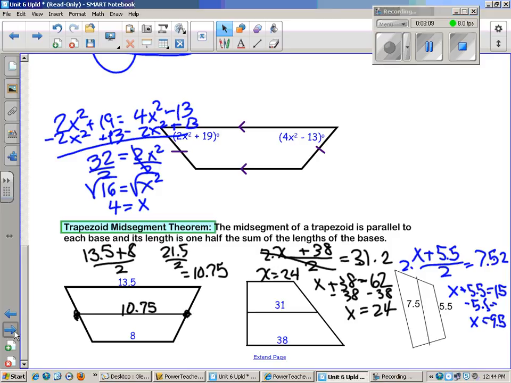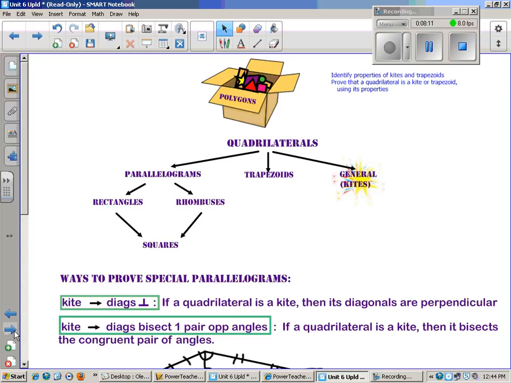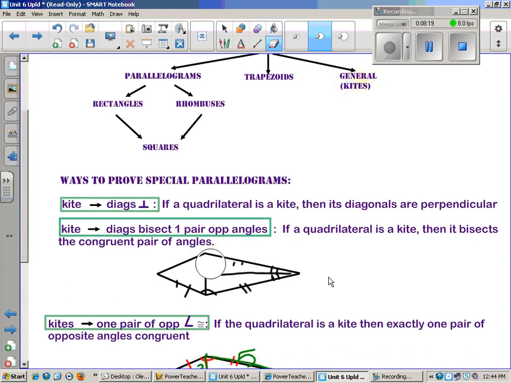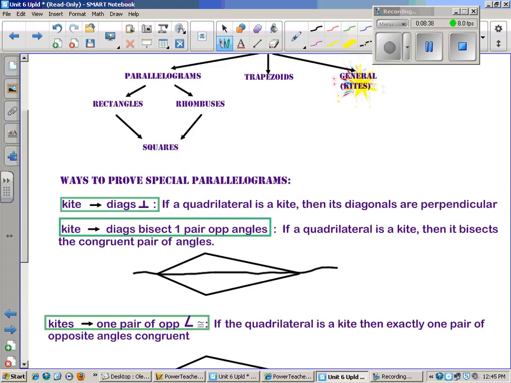All right, let's move on to kites. So the overriding thing you need to remember about kites is that through the center of a kite is a line of reflection, okay? So if you draw that line through a kite, it is a perfect line of symmetry, okay?